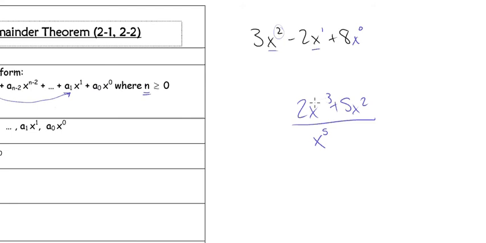I don't know. Something that gives us a negative exponent on the x here. Now we're no longer where n is greater than 0. Now we're into something called rational expressions, and that's a little bit different than our polynomial expressions right now.